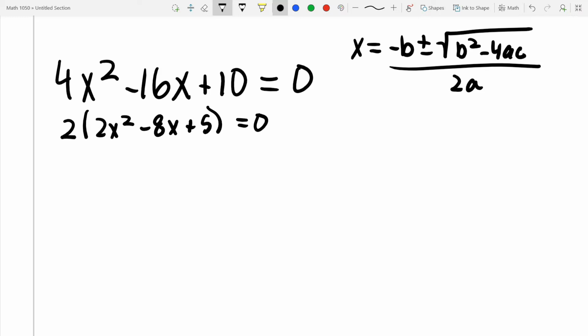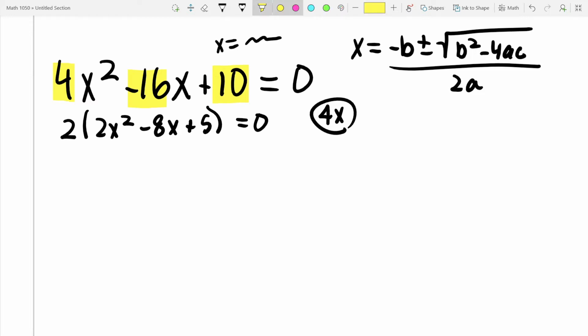Okay. Look, this is important. I can make this problem 4 times easier for you if you listen to me. If I use the quadratic formula with a is 4, b is negative 16, c is 10, and I solve it, I get x equals blah, blah, blah.